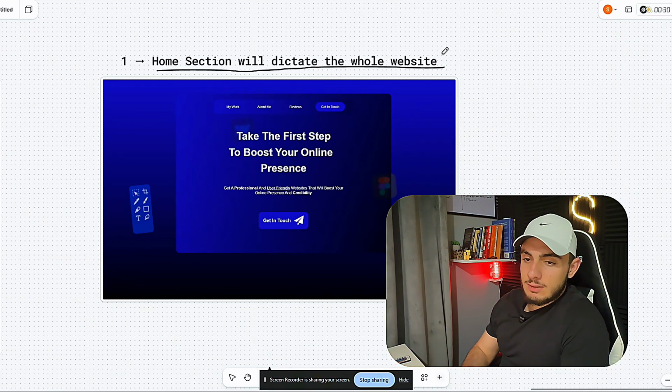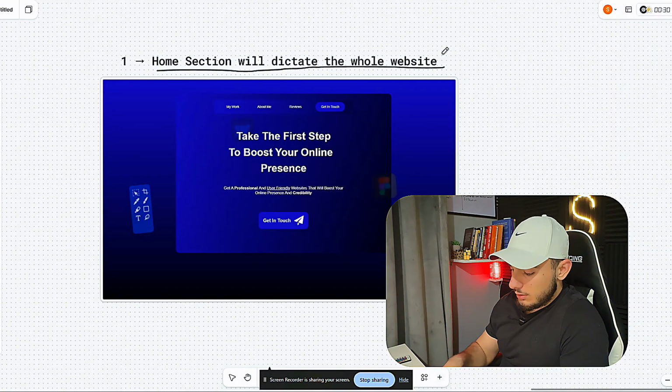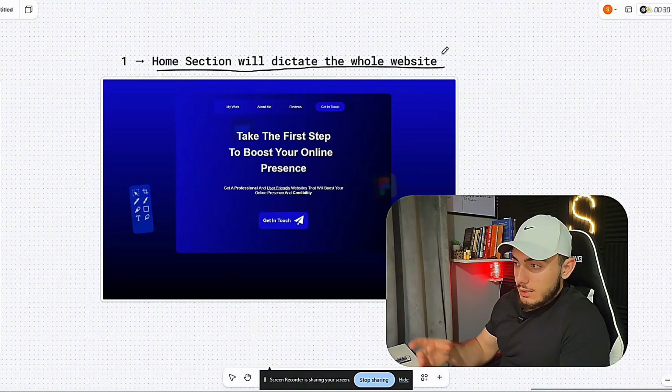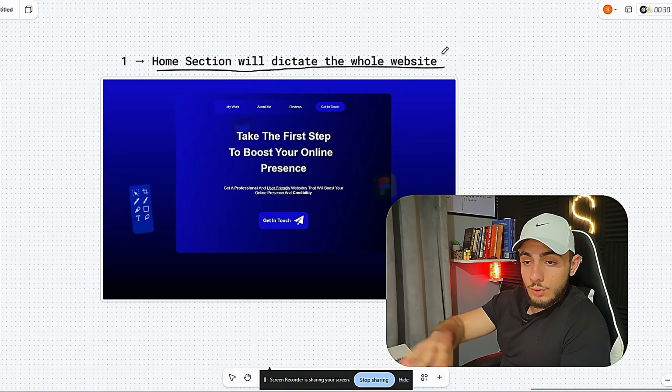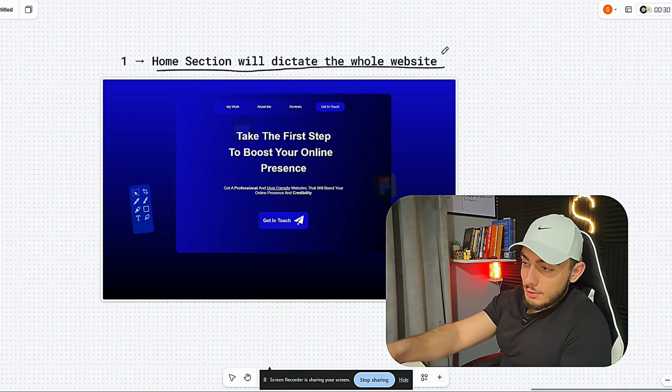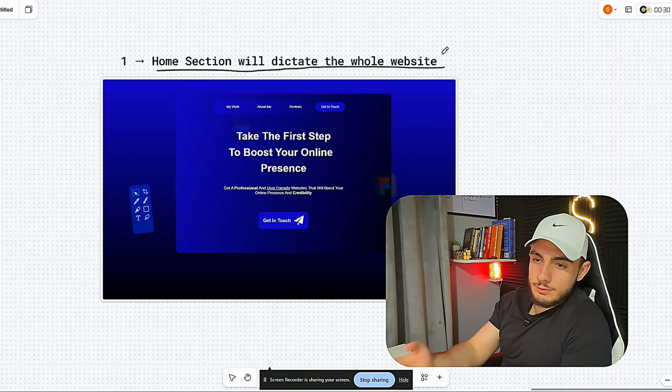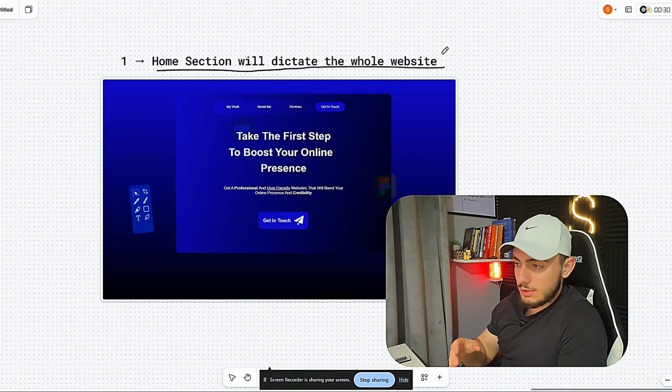This is why it's so important to have a revision in this step, because when you let the client have a revision, you're going to have that same sort of style in the whole website. So when they revise on the home section, you already know what they're going towards, and basically you won't have as many problems, roughly said, with the client.